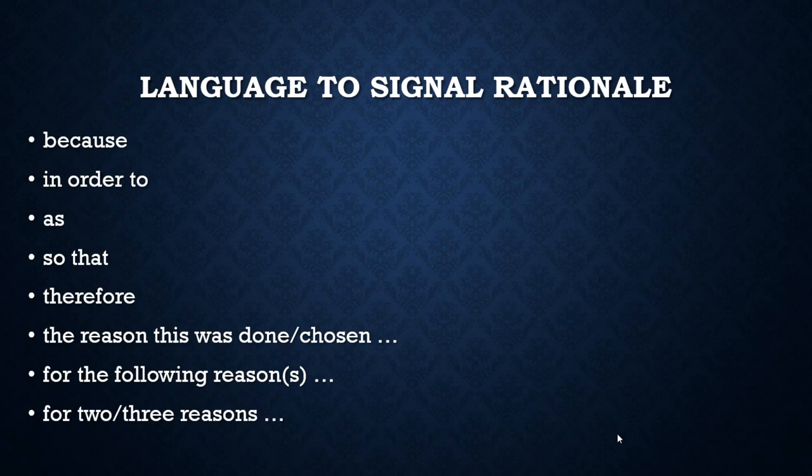Therefore, we are integrating this AI system to supplement or to augment the processes. And there can be a lot of other language that indicates that you're trying to state the rationale. You can use "the reason this was done," or "the reason that we have chosen AI is because of A, B, C." Or you can say that we are giving this solution, we are trying to study this for the following reasons, right?